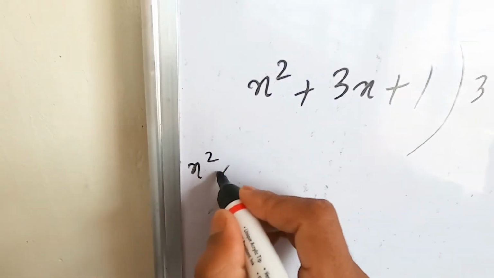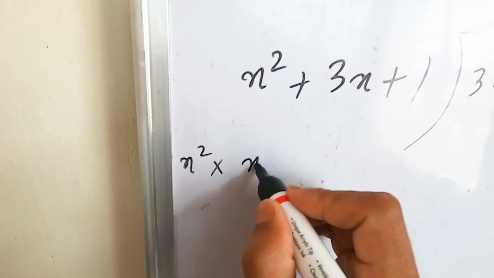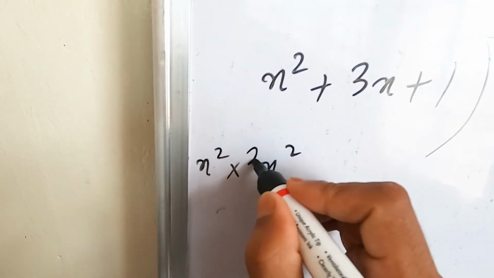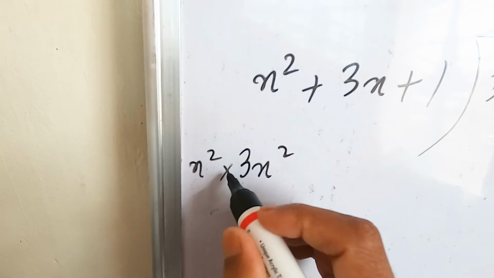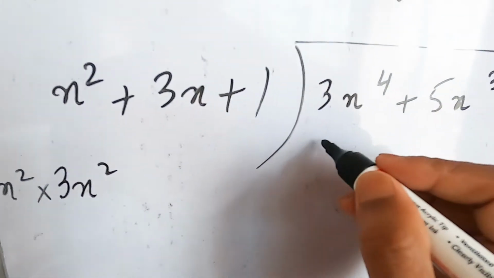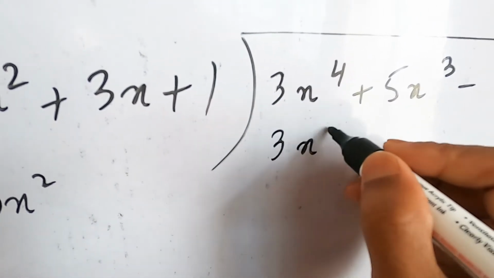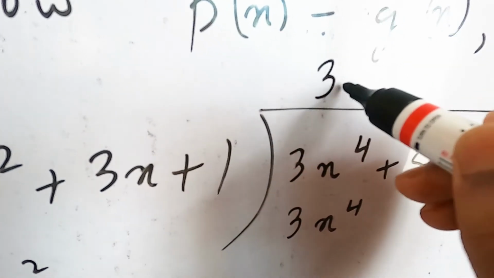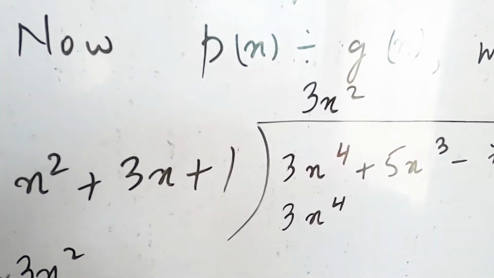So in this case the power is 4, it will be x square into x square, we will get to the power of 4, and here we will simply write 3. So x square into 3x square, we will get 3x to the power 4. So in this case the quotient will be 3x square.